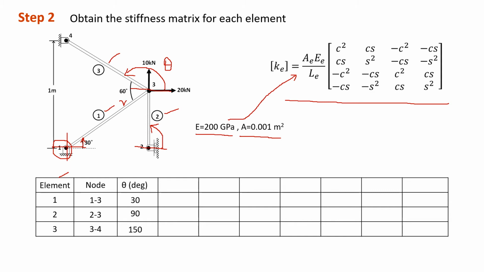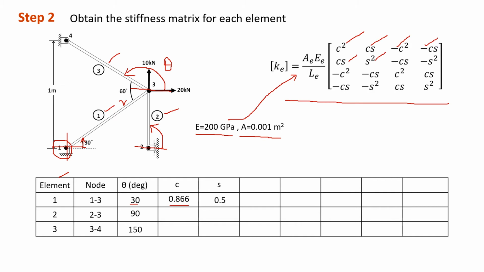The next parameter: once we have theta, then we can determine all those parameters inside the K matrix, which is cos theta. In this case for element 1, theta is 30 degree, so cos 30 degree is 0.866. Next parameter, we can define sin theta.